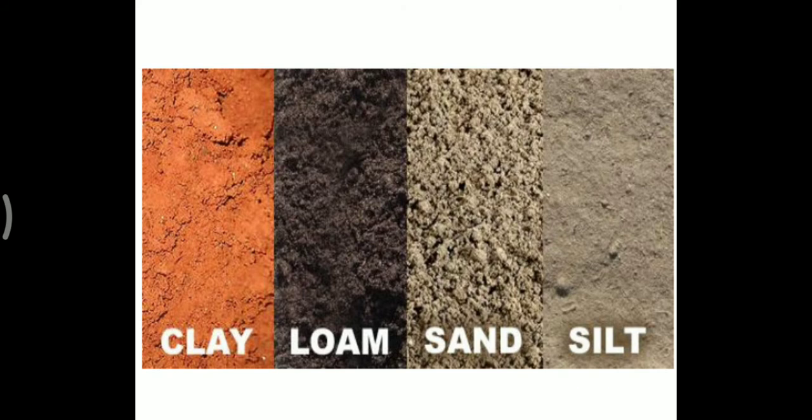And if a soil contains both types of particles, clay as well as sand, so that soil is very good for the growth of plants, just because it will have the property of clay soil and sandy soil also. So that soil will be known as loamy soil.